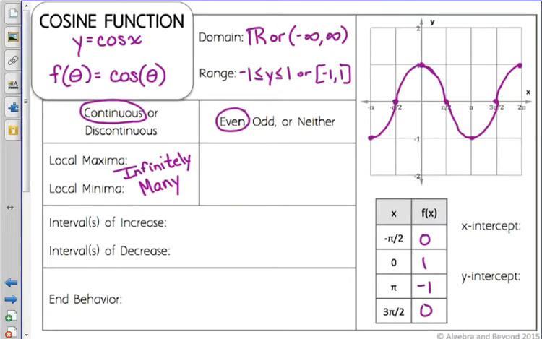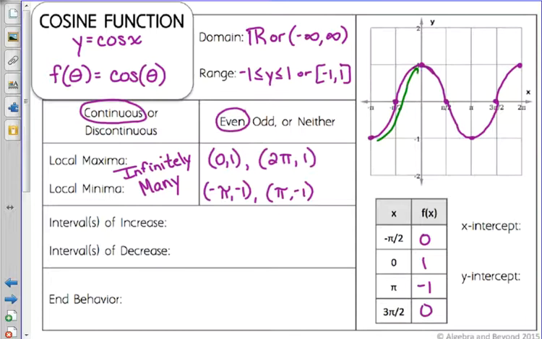So let's go maximums. We've got a maximum at 0, 1. We've got a maximum at 2 pi, 1. We've got a minimum at negative pi, negative 1, positive pi, negative 1. Again, that's not all of them. That's just what we can see in our snapshot here. Increasing, decreasing.